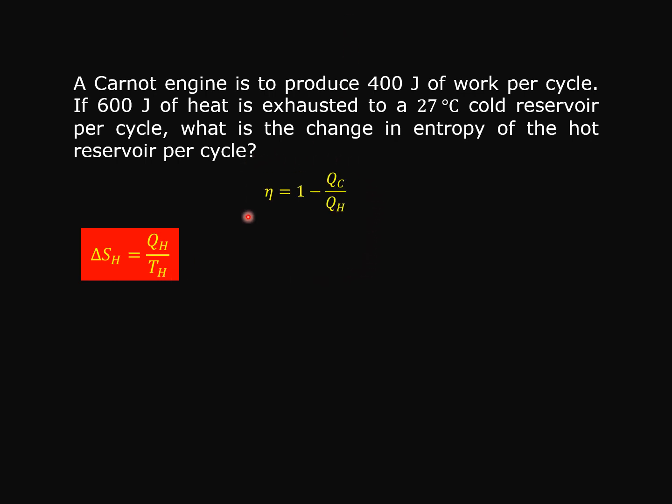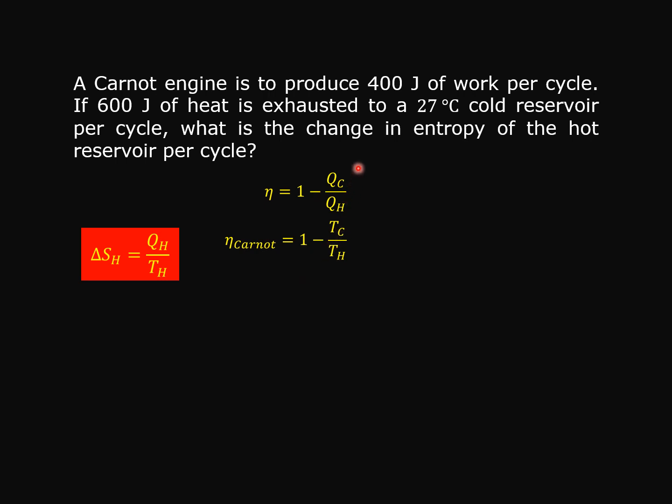We know that the efficiency of the heat engine is eta equal to 1 minus QC over QH. This formula for the thermal efficiency of the heat engine is applicable to all types of heat engine, including the Carnot engine. But for the Carnot engine, we also have another specific formula for its efficiency, which is eta Carnot equal to 1 minus Tc over Th.